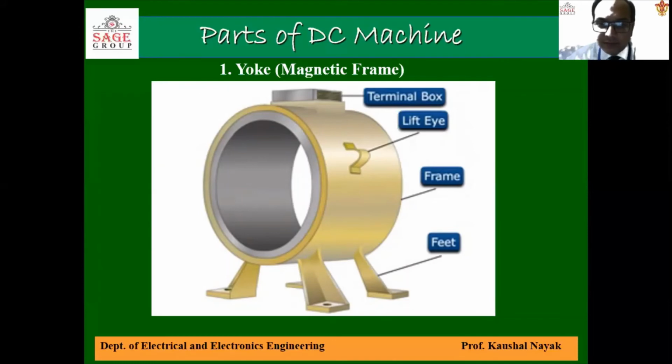You can also see the lift eye, which is used for shifting the machine when it is under commissioning. The terminal box is for making the electrical connections and connecting the supply end to these terminals when it is acting like a motor, and to get the electrical power output from the machine when it is acting like a generator.